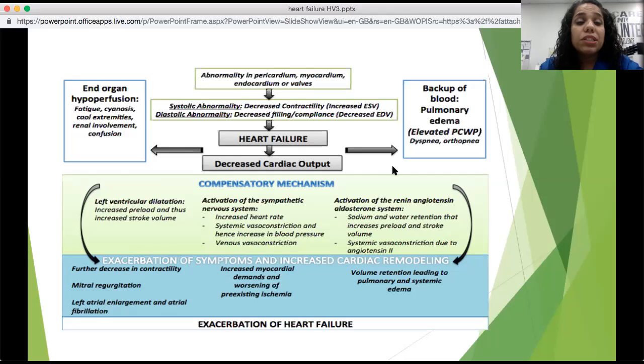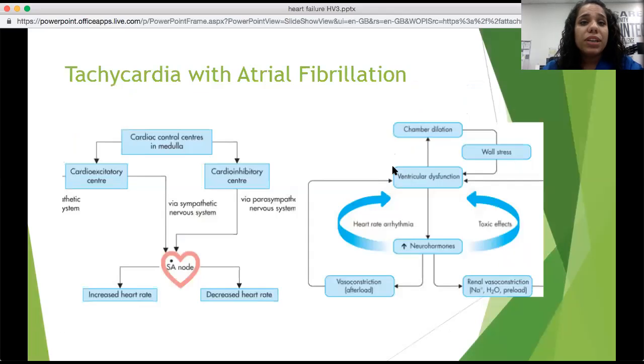So baroreceptors situated in the walls of the aortic arch and carotid arteries are stimulated by the amount of stretch in the blood vessel due to reduced blood pressure. This triggers the vasomotor center to activate the sympathetic nervous system and results in release of catecholamines, norepinephrine and epinephrine, which enhance the heart rate, contractility, and afterload via peripheral vasoconstriction, thus increasing the blood pressure and the heart rate.